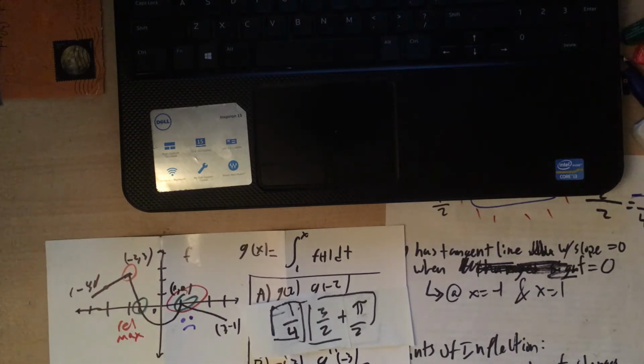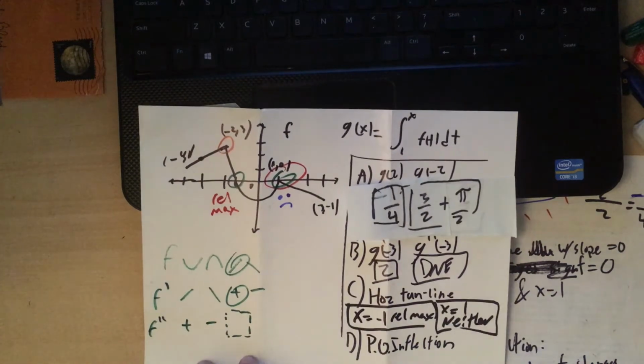We don't have to say if this is anything. We don't have to say if this is a relative extrema. We just have to say that it's an inflection point because of our fun chart that we've written out.